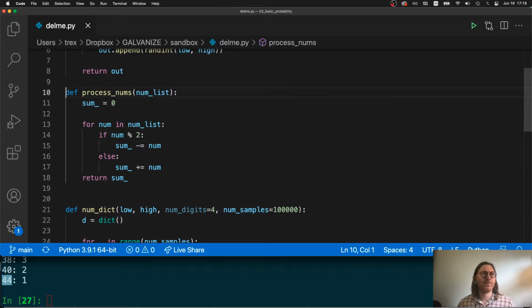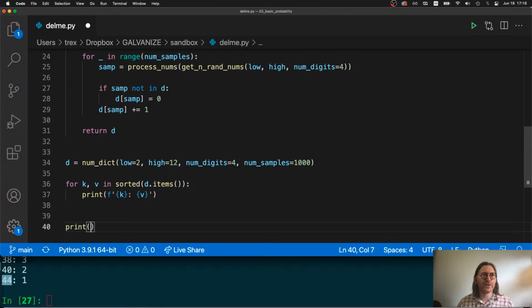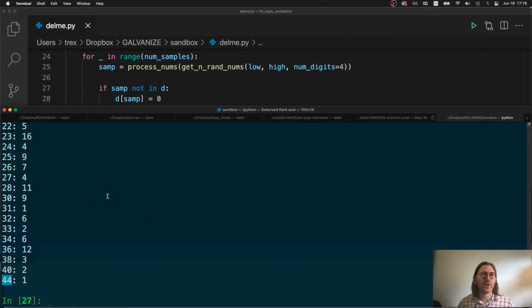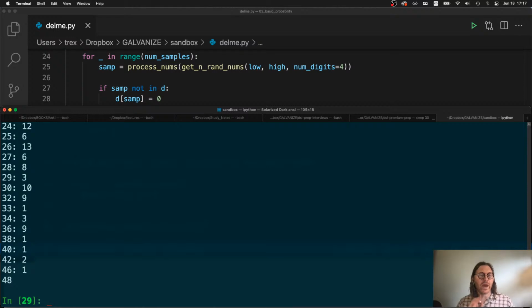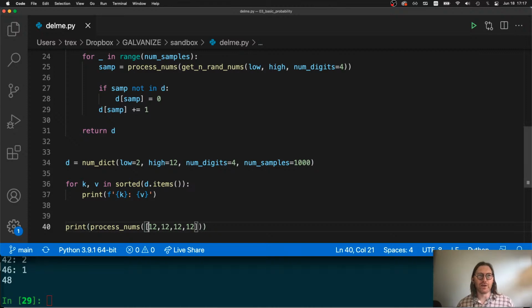We're sampling 100,000 times and we're still not getting it. If we were to get a 12 and a 12 and a 12 and a 12, I think that's fairly unlikely. Oh, we want to process those nums. Yeah, so the most we should be able to ever get is 48.